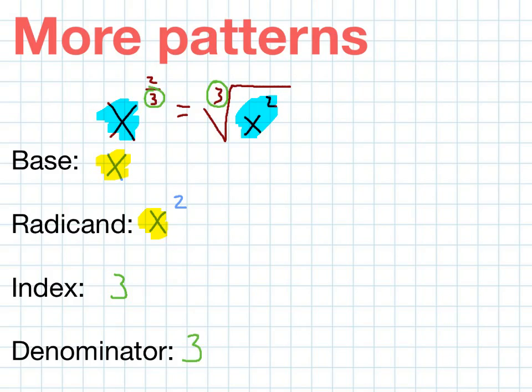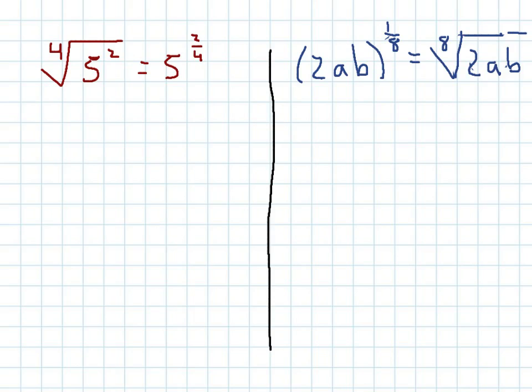So now if we look at what's missing, notice that 2 piece. So that 2 is found here in the numerator. It's also the exponent on my radicand. Let's try again.